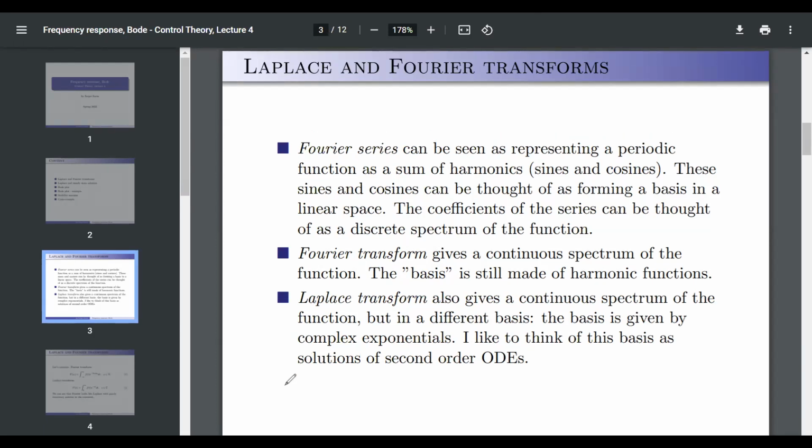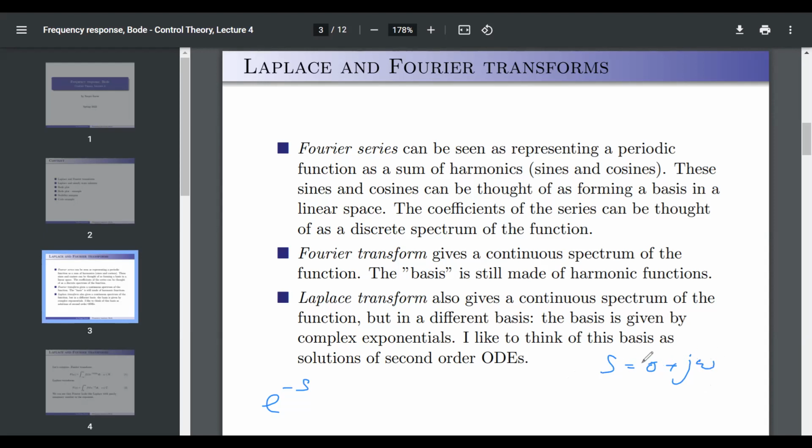Complex exponentials are, let's say, e to the power minus s, if s is something like this.